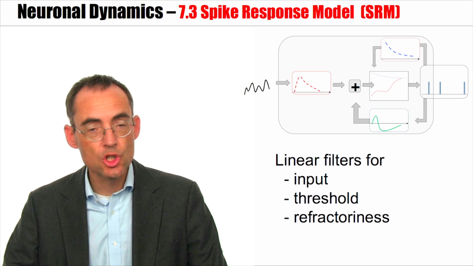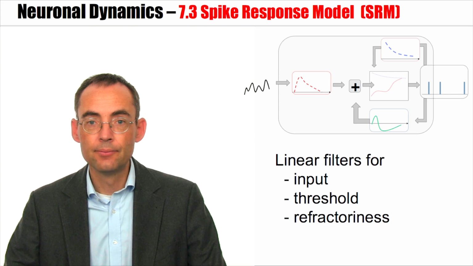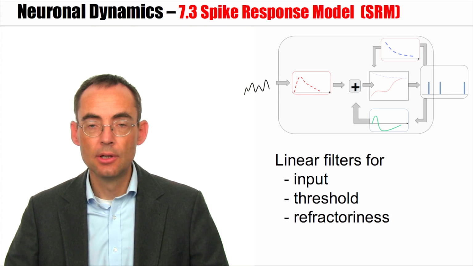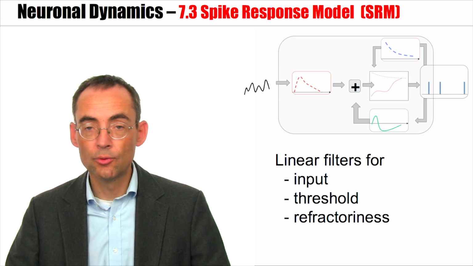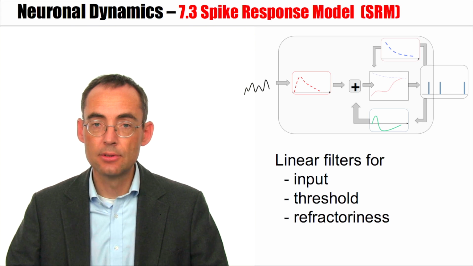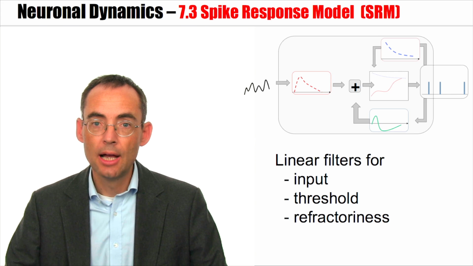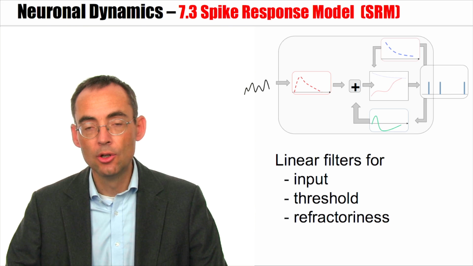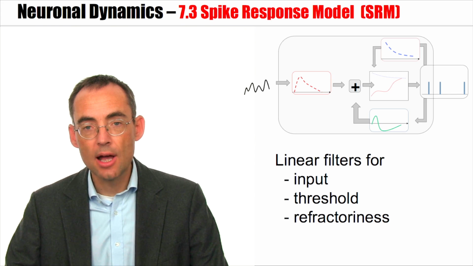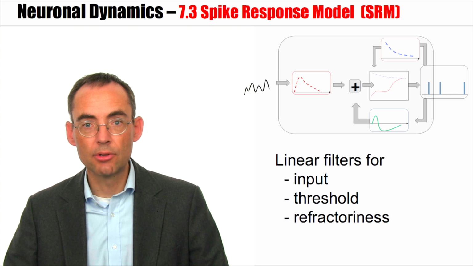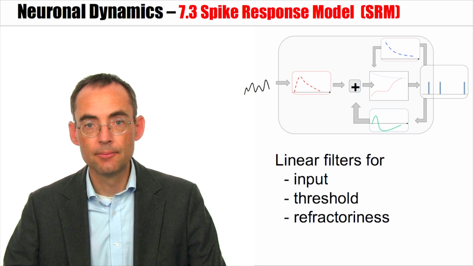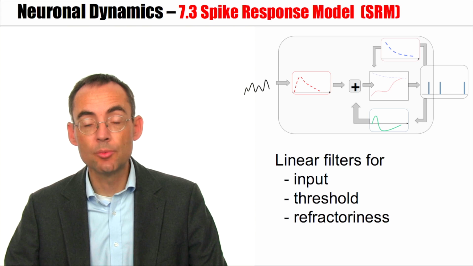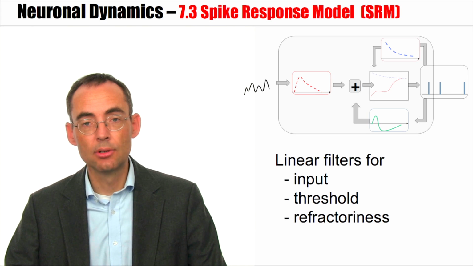Alternatively, we can just start with these kernels or filters and state that there are three different filters. A filter kappa, convolved with the input, and two filters that are convolved with the output: a filter theta 1 for the threshold, and a filter eta for the subthreshold membrane potential after a spike. And these output filters contribute to refractoriness and adaptation. Now, the model is still deterministic, and in the next lecture I will add noise.